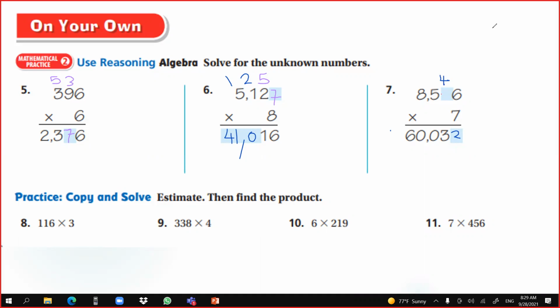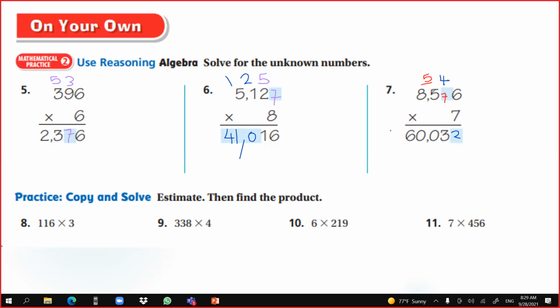Okay. 7 times 7 plus 4. 49 plus 4, 53. So 5 is up, 3 down.